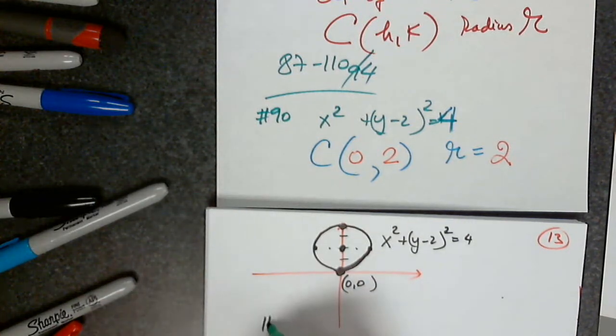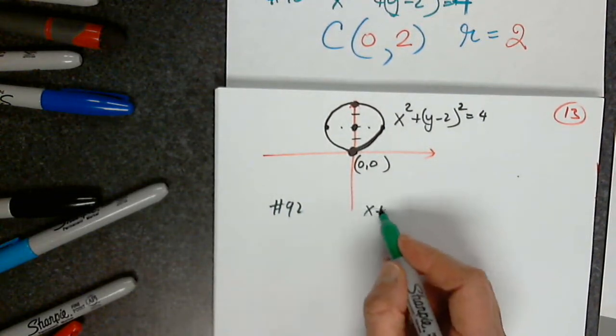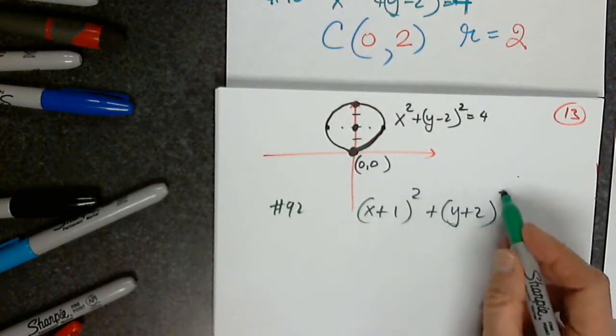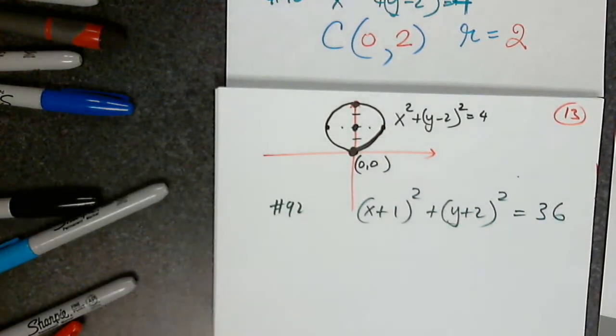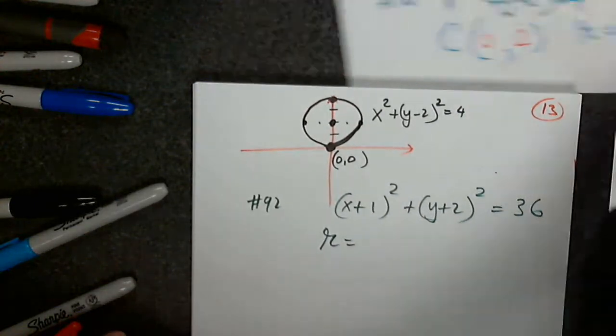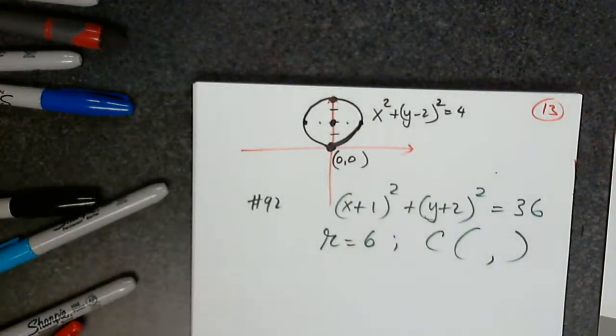92. In 92, we don't have to graph it. I just want you to identify the radius and the center. What is the radius of this circle? Good. What is the center of this circle? Be very careful.